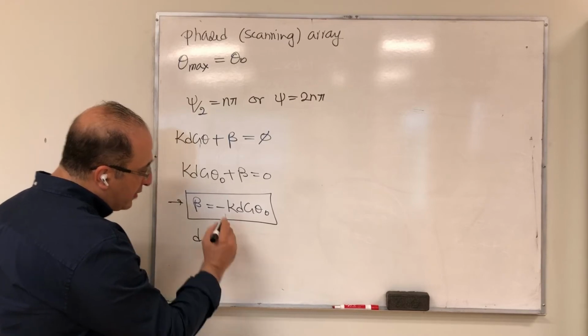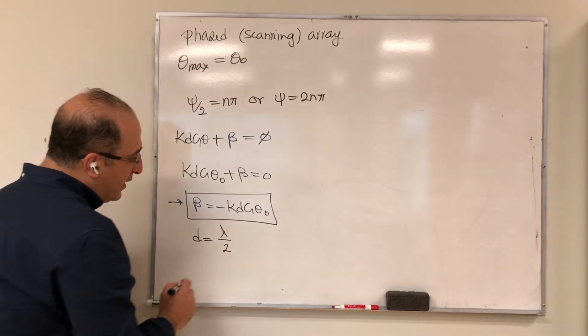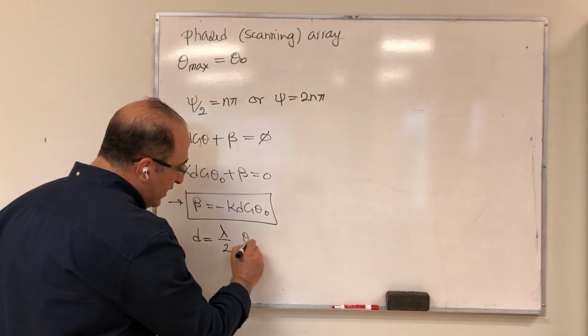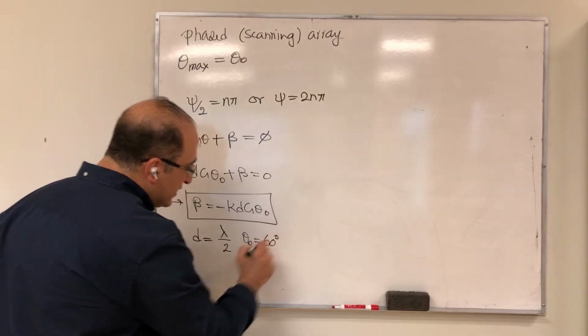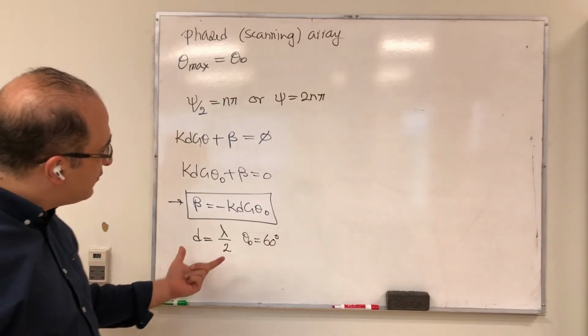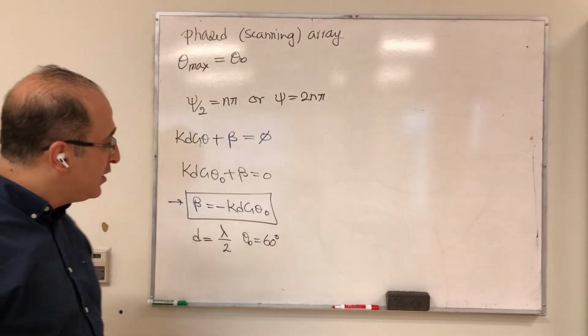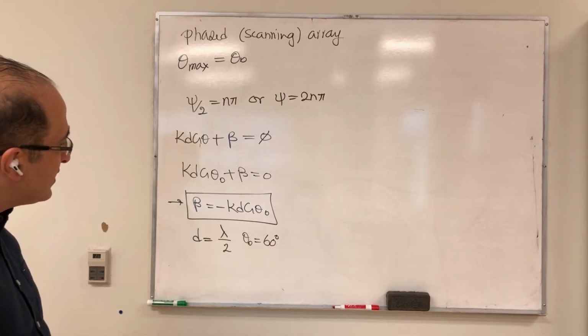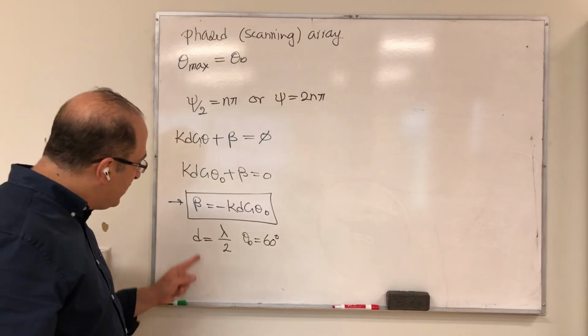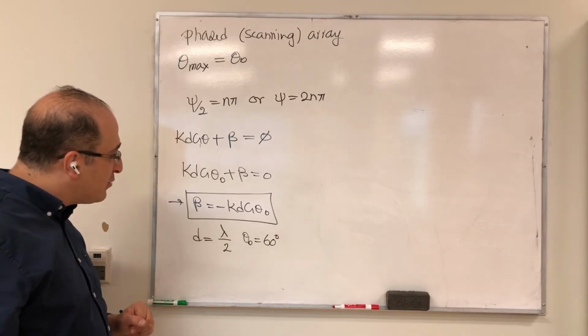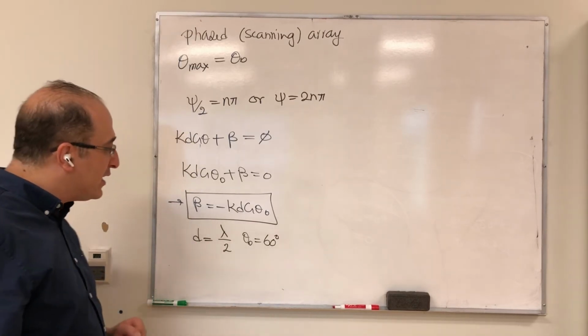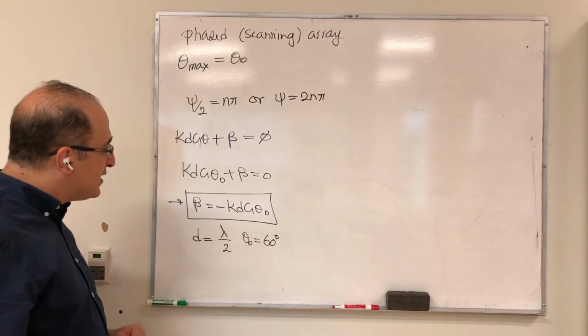Let's say a separation of lambda divided by 2. And then let's assume that we want theta naught to be 60 degrees. And let's check if that satisfies it or not. So we are essentially saying that the separation is lambda divided by 2. Let's go with 2 elements to keep it easy. And theta naught is 60 degrees.